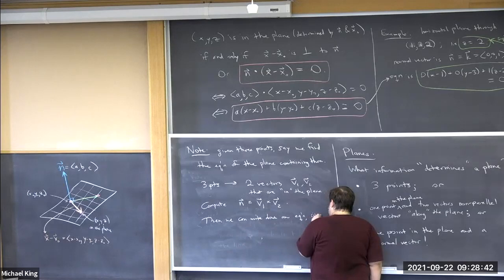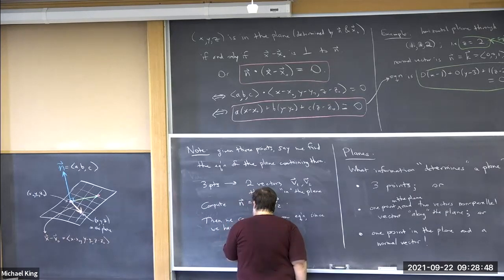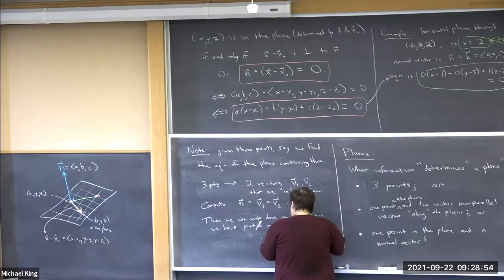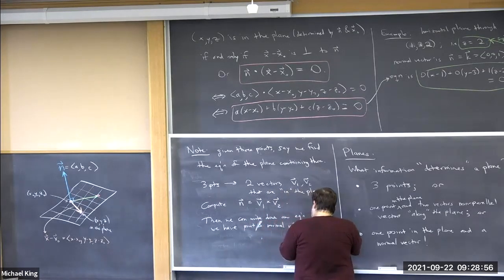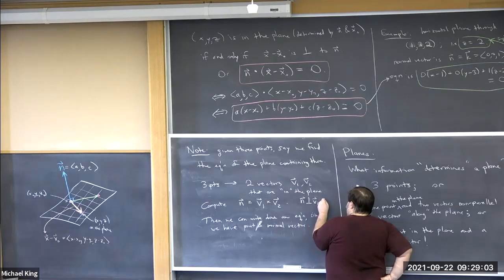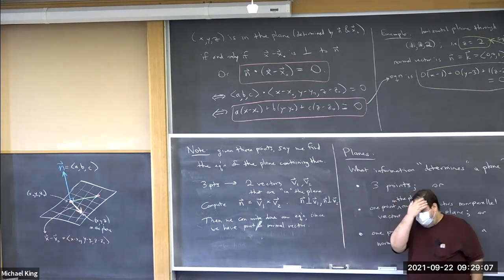Since we have a normal vector and a point, okay, so yeah, N is perpendicular to V1, and is perpendicular to V2. So N is perpendicular to everything.